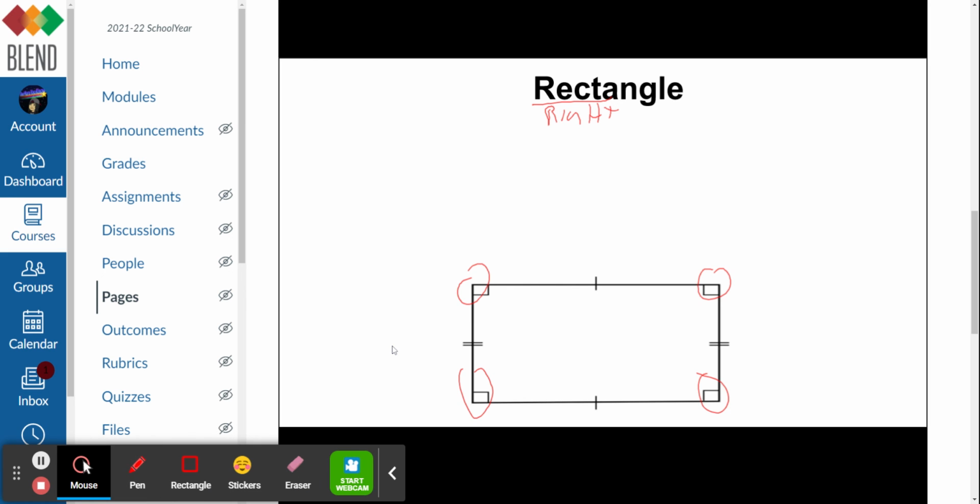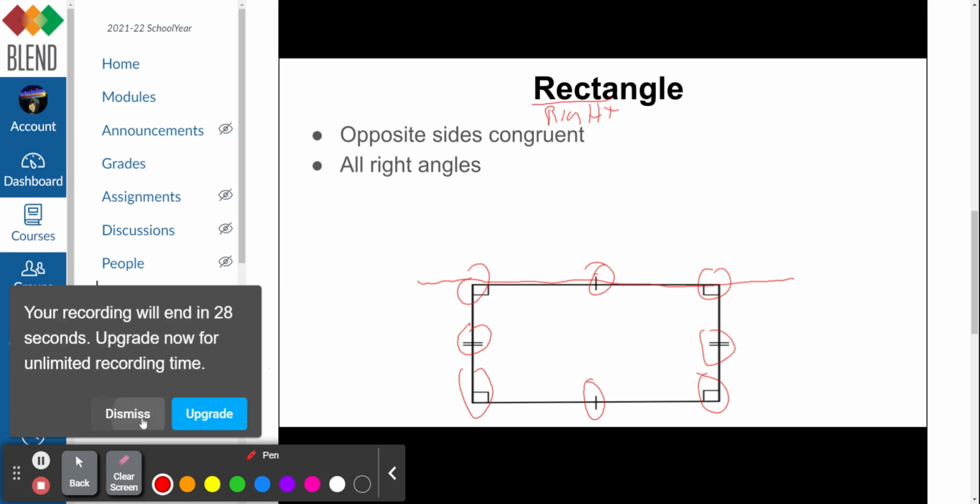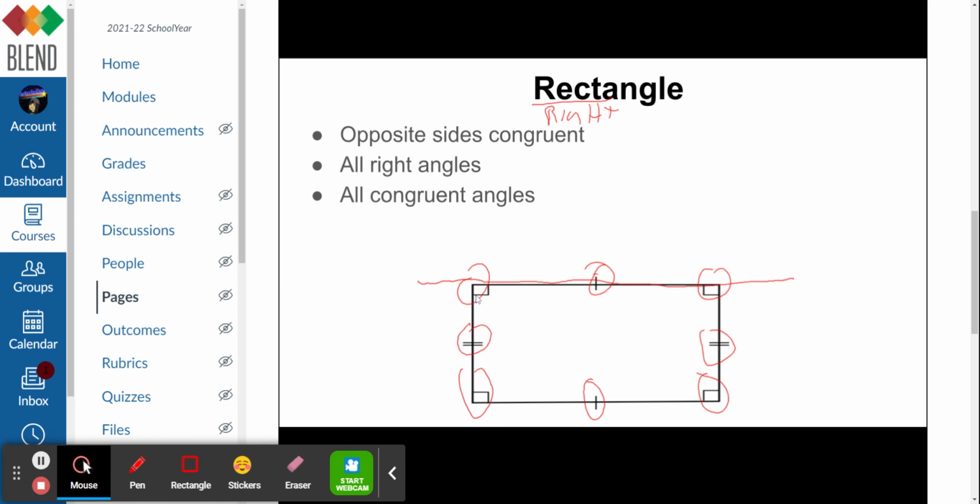So all the opposite sides are congruent. They're congruent. These two sides are opposite. They're the same size. These two sides are opposite. They are also the same size. Has all right angles.